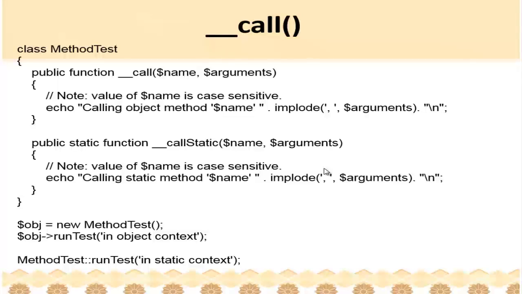Now, polymorphism means many forms. That means you can dynamically add additional methods, provided you take care of adding the methods here. This method was not there in the definition of the class, or in the blueprint, but you were able to add it to the definition at runtime by using __call.